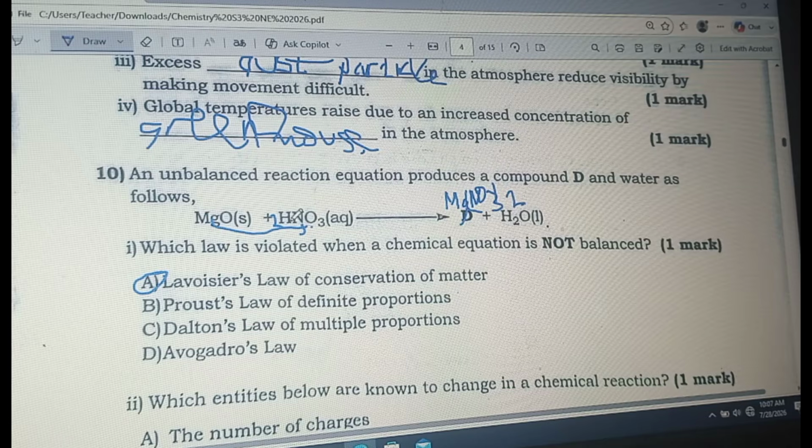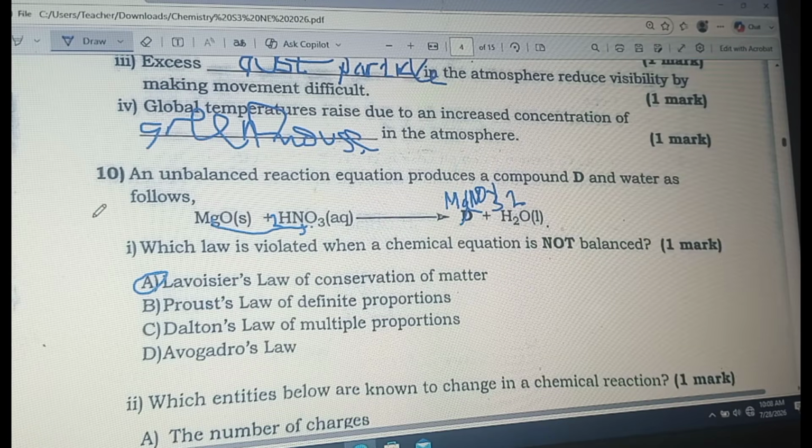We get 2 hydrogen, and here we have 2 hydrogen. We have 2 nitrogen. Here we multiply by 2 and get 2 nitrogen. 2 times 3 gives 6 oxygen and this one 1, so 7 oxygen. Here 1 magnesium, 1 magnesium. This is the balanced reaction.